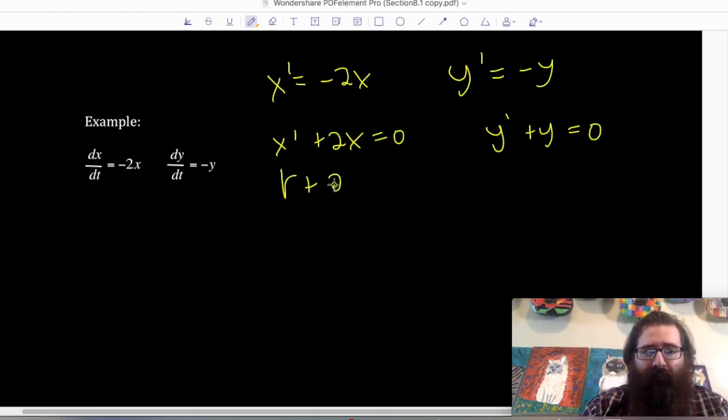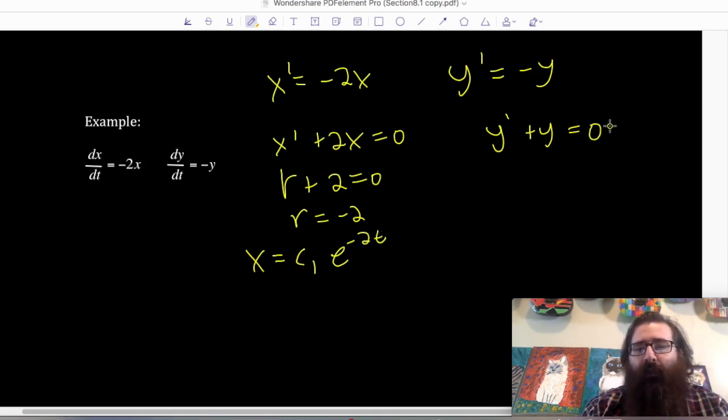This is r plus 2 equals 0, or r equals negative 2, meaning my solution for x is some constant c sub 1 e to the minus 2t. But y prime plus y equals 0 is new, so I can get my characteristic equation for that: r plus 1 equals 0, or r equals negative 1.